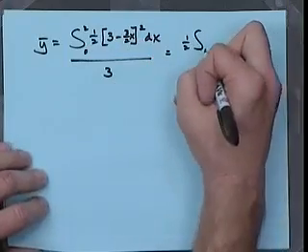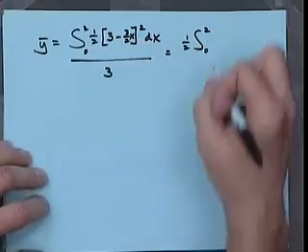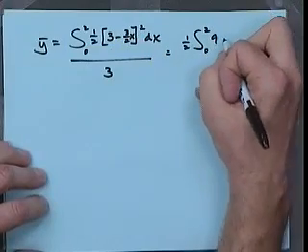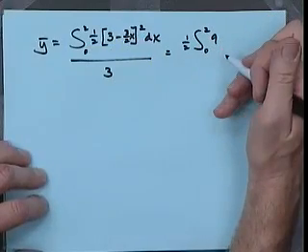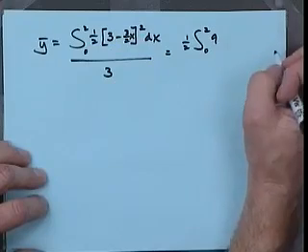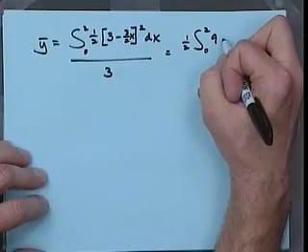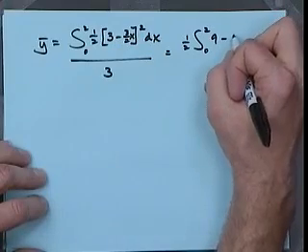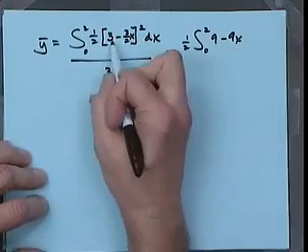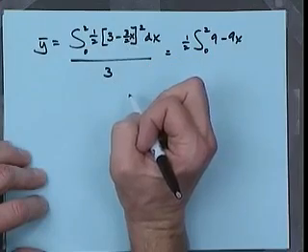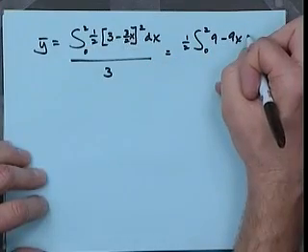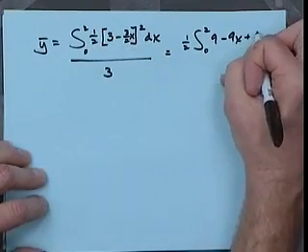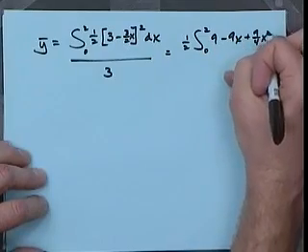So if we square that, what do we get? 9. What's the middle term? 18 over 2 or 9. Negative 18 over 2. So negative 9x, which would be twice their product. And the last term, 9/4 x squared.